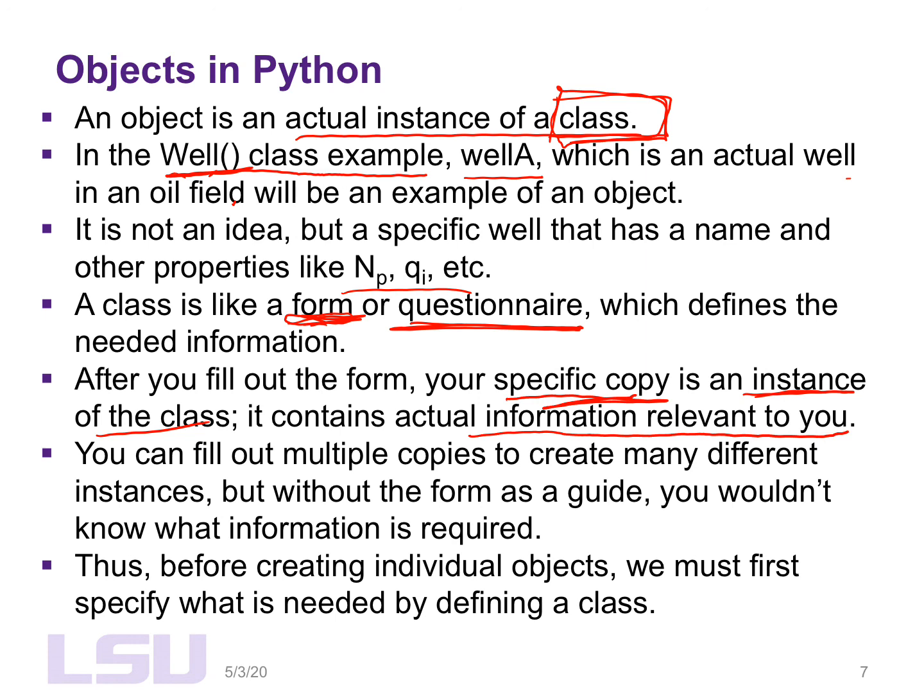So I can have you all fill the form, and I have 13 instances of the form because I have 13 students in the class. But without the form as a guide, there is no questionnaire, right? Meaning there is no consistency in the information you all will be filling.